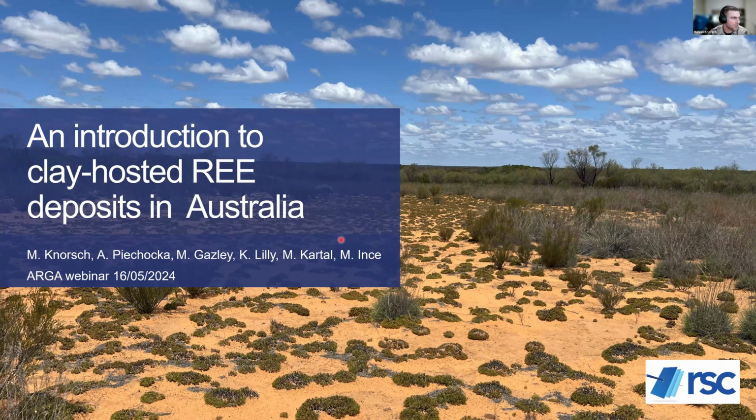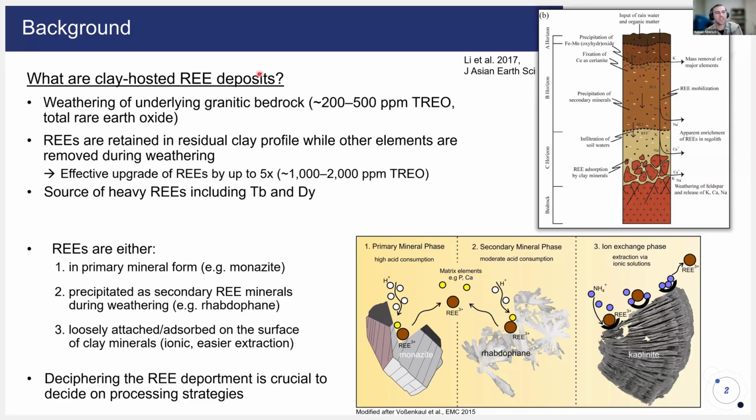So what are clay-hosted rare earth deposits? They normally form when underlying granitic bedrock is weathered, and normal granitic bedrock has around 180 to 200 ppm TREO, the sum of all the rare earth oxides together. Some more mineralized granites can have up to 500 ppm TREO.